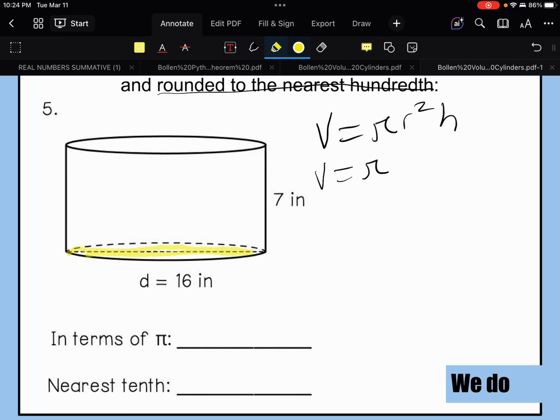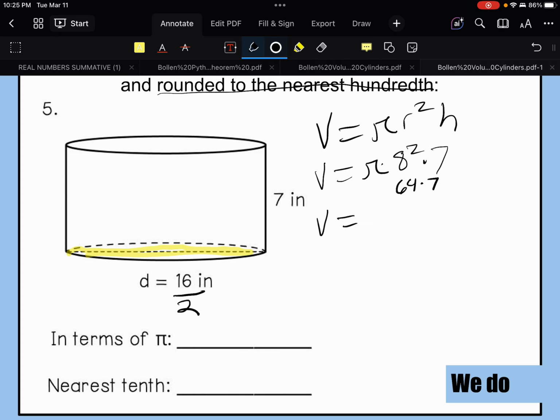So that means we need to divide this diameter by 2 to get our radius, which in this case would be 8 squared. And then our height is 7. So we have pi times 8 squared times 7. Well, I know that 8 squared is 64, so then I'm going to multiply that times 7 to get my volume in terms of pi.